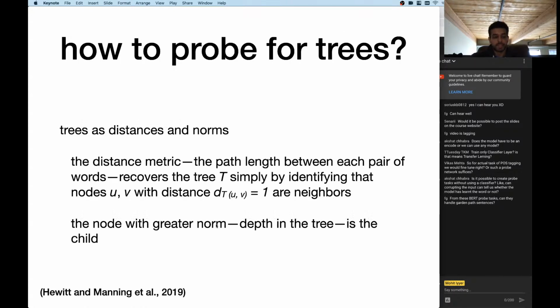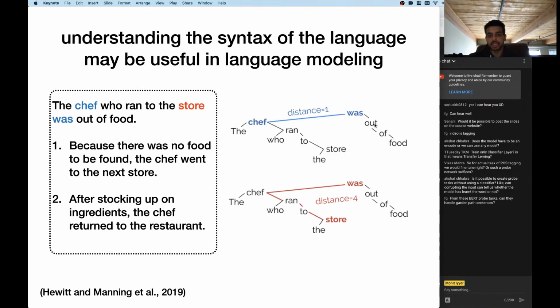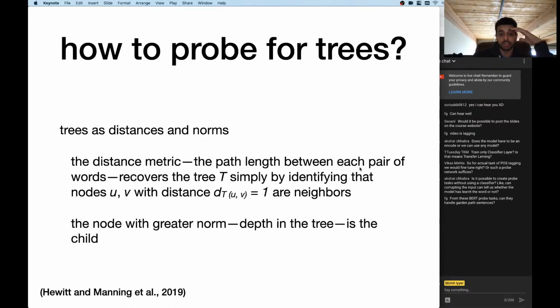This paper from Hewitt and Manning in 2019 basically proposed these 2 probe tasks: figuring out the distance, the path length, between 2 words in the tree, and also the depth of a particular word in the tree.